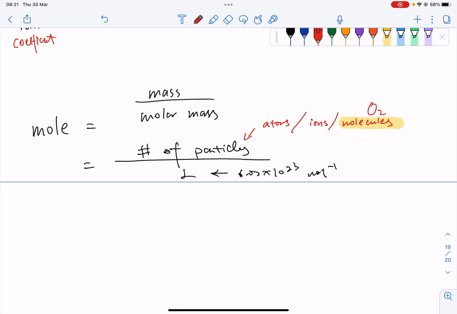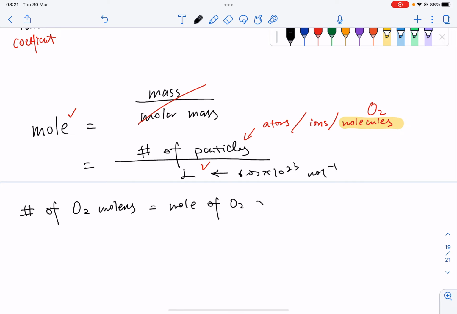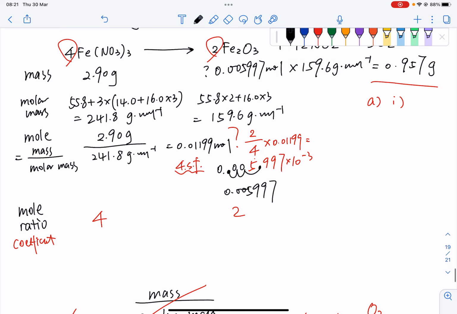Do we need to know the mass and molar mass now? Not necessarily. The only thing we need is the mole, and then L. Then we should be able to calculate the number of oxygen molecules, which equals the mole of oxygen times L. Let's first calculate the mole of oxygen.